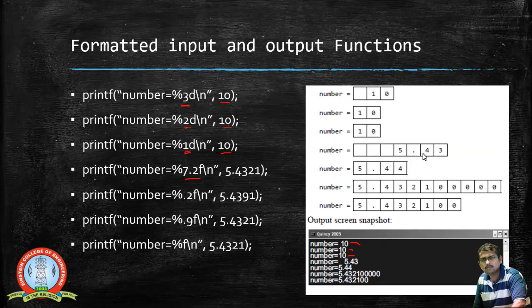Out of these 7 spaces, 2 will be given for the numbers after the decimal point. That is what the .2 is.